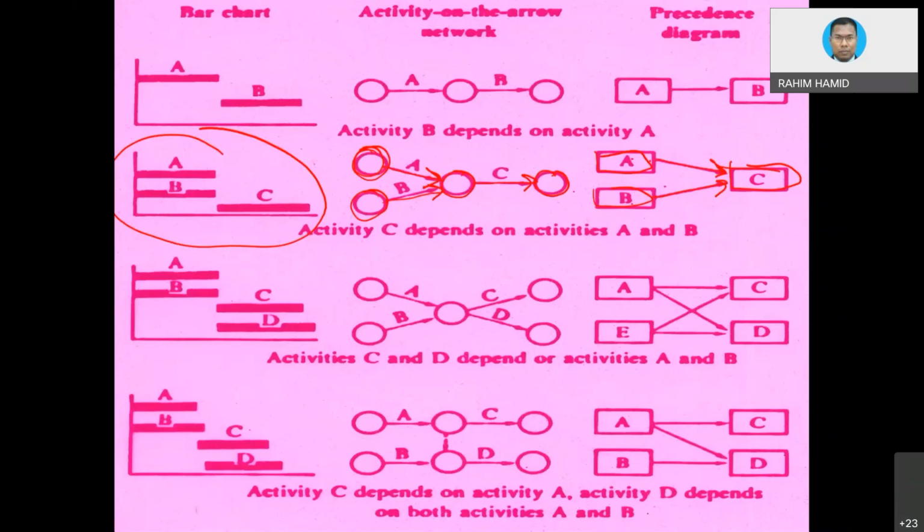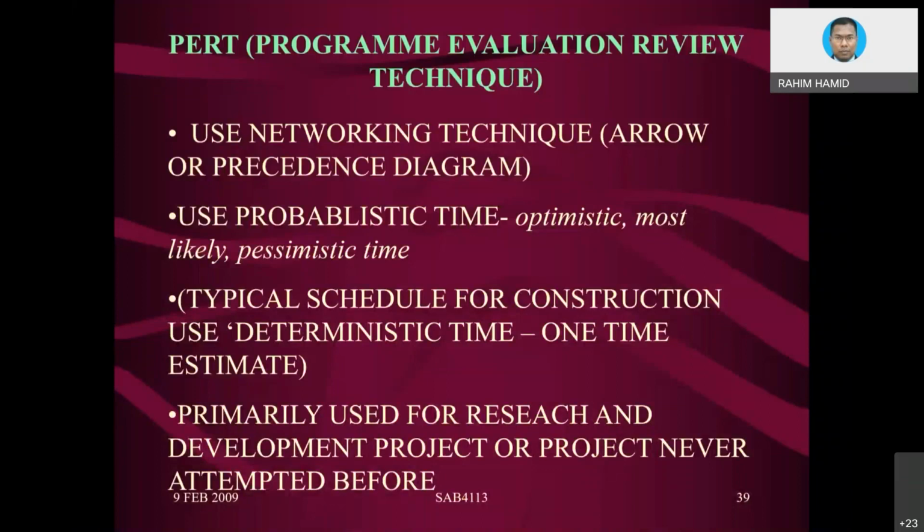If, for instance, A is running late, then what happens to the start of C? For sure, C has to start late also, because B already finished, but A is still going on. That will influence the ending of C later on.